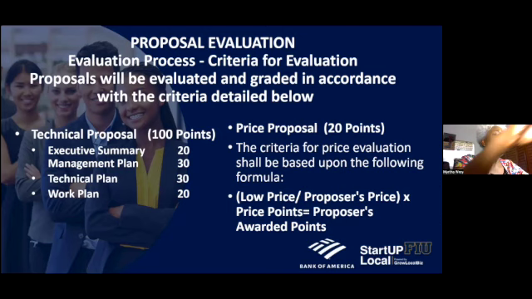So your executive summary doesn't have to be long, but like Adriana said, to the point of what your company does, and why should they look at you versus all those other 15 people that are bidding for this job? The management plan: how are you going to manage this project?